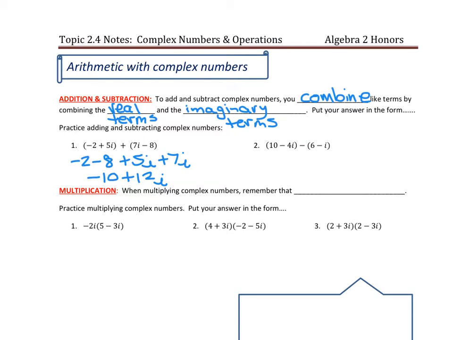So that's going to have an effect of changing their sign. So we've got 10 minus 4i minus 6, and then we're subtracting a negative i, which would be adding an i. So we've got 10 minus 6 is 4. Negative 4i plus 1i is negative 3i.